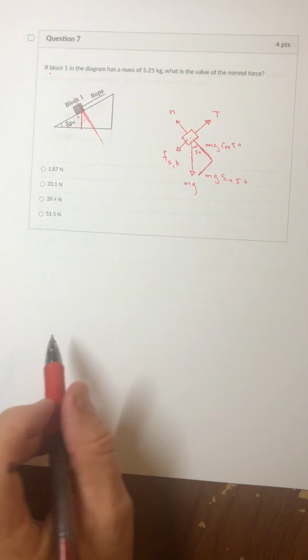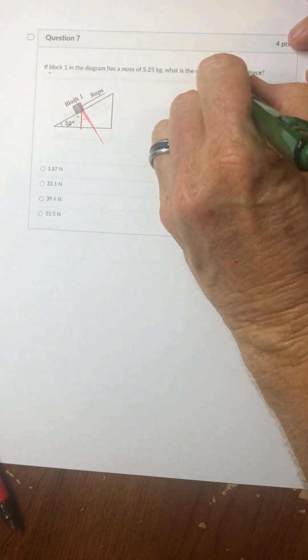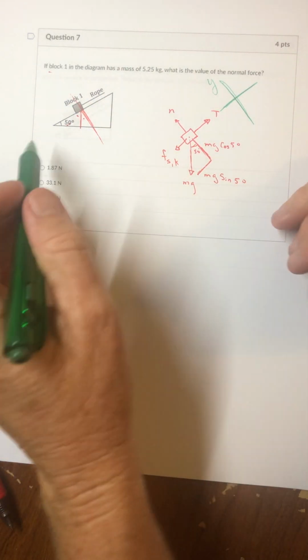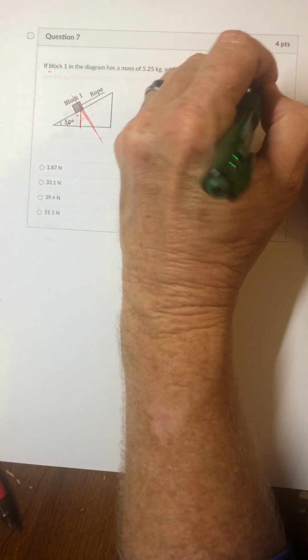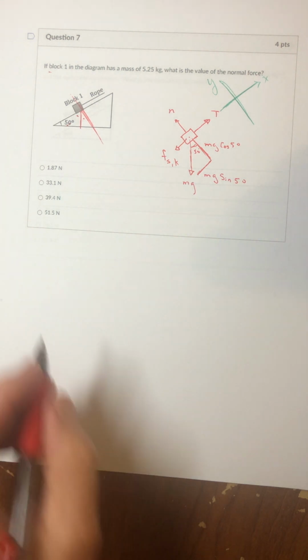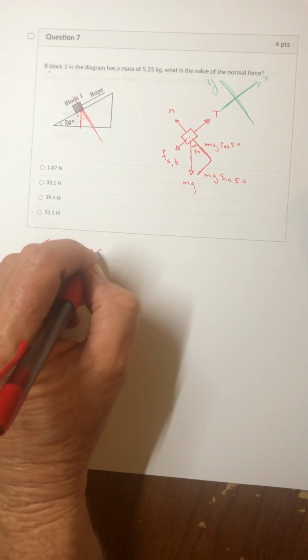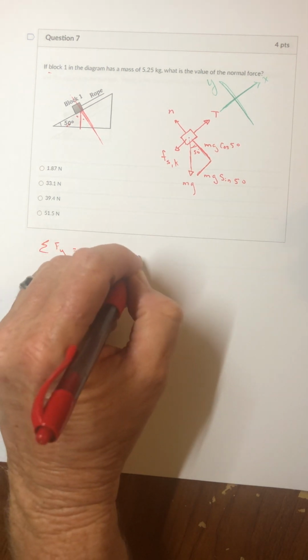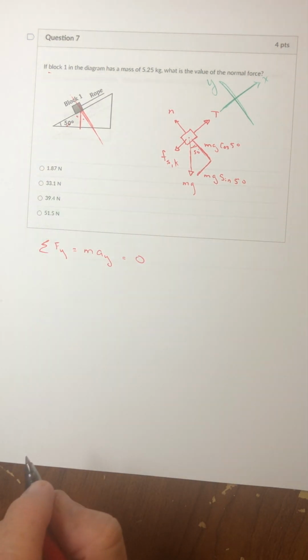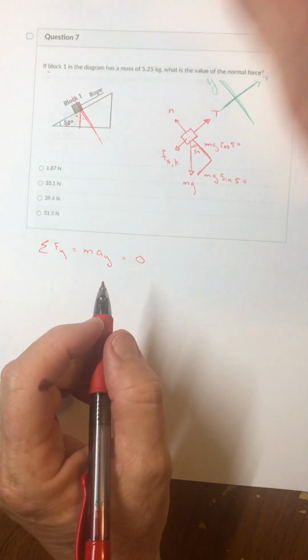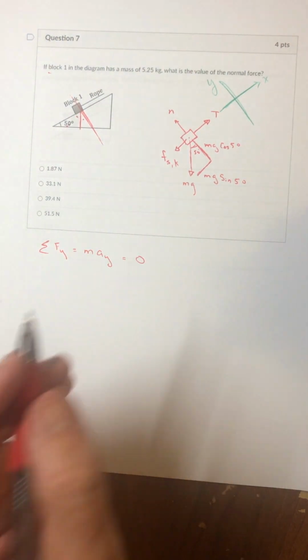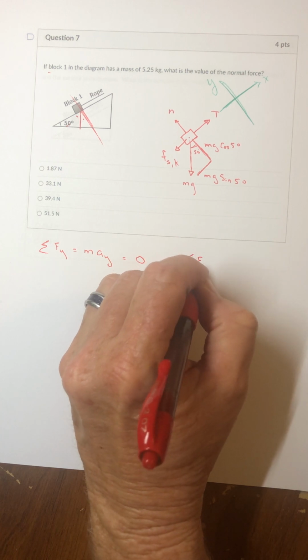Now, fortunately, it doesn't matter because if we take a grid where the y direction is perpendicular to the surface, we know that when you add up all the forces in the y direction, which we said equal mass times acceleration in the y direction, it's not moving in the y direction. Along the x direction, that's a different story.